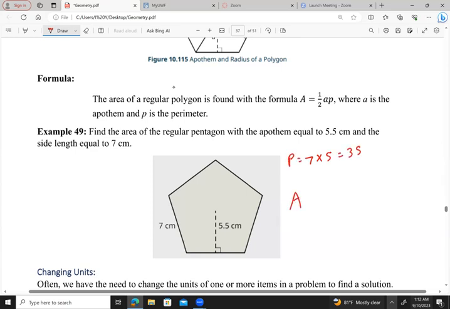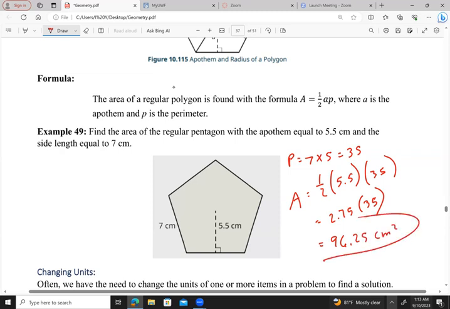And my area equals 1/2 the apothem, which is 5.5, times 35. 2.75 times 35. And I get 96.25 square centimeters.